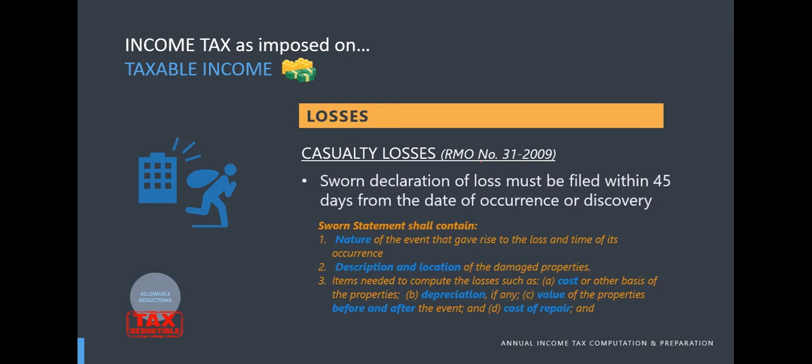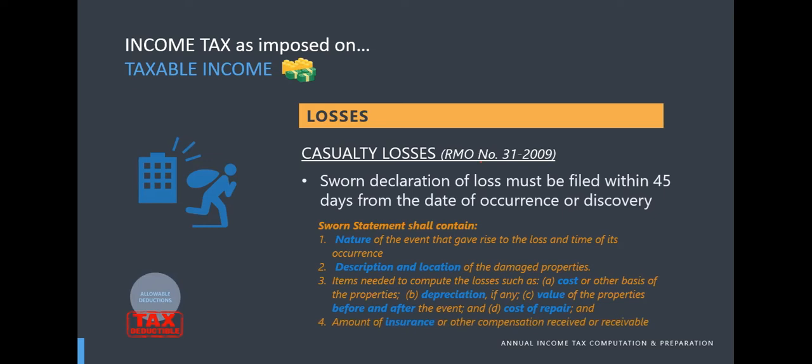In case of cars or vehicles used in trade or business, the value will be determined based on the original purchase price of the vehicle being damaged or destroyed and the cost of repair, and the amount of insurance or other compensation received or receivable, if any.